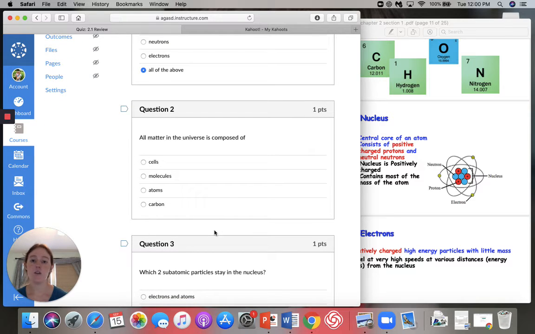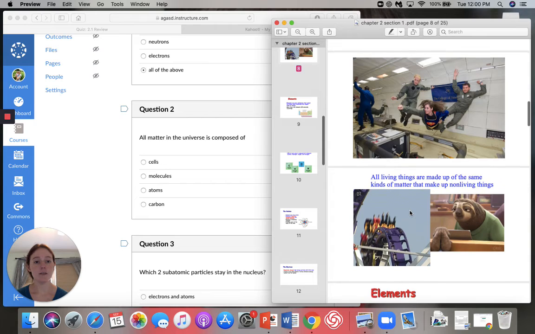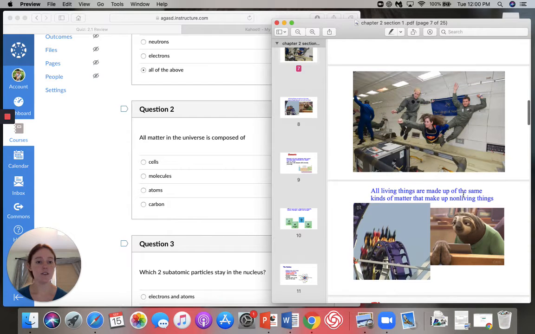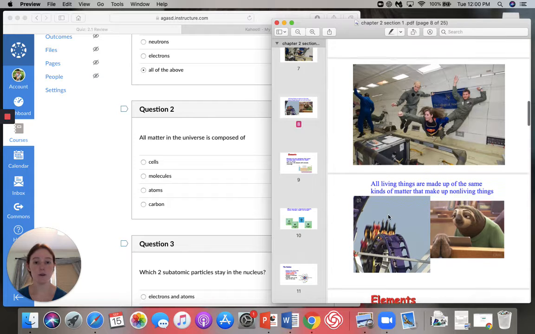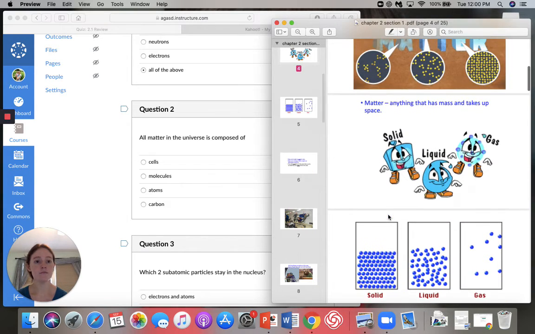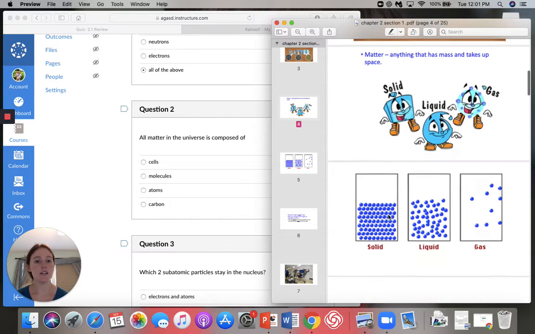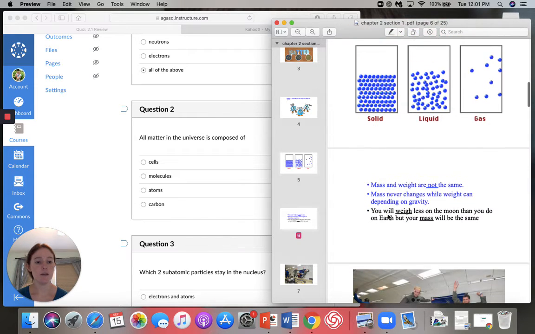Next question, all matter in the universe is composed of what? Got 3 choices there. Well, matter, we talked about up in the beginning. It says all living things are made up of the same kinds of matter that non-living things are made up of. Matter is anything that takes up space and has mass.